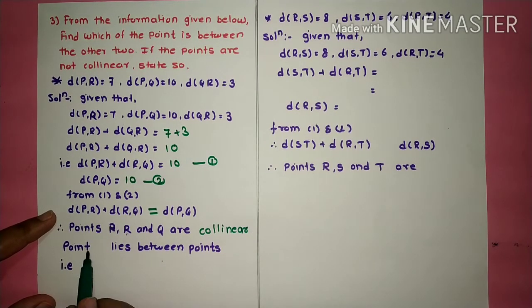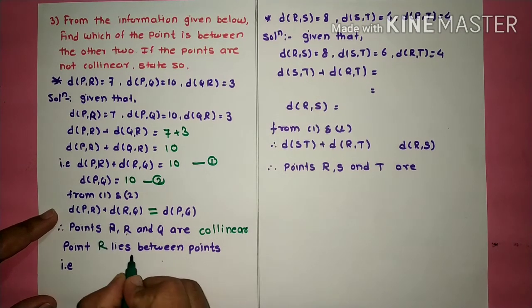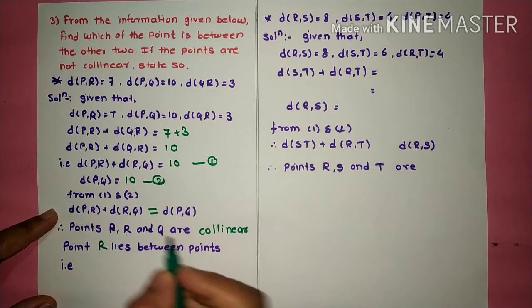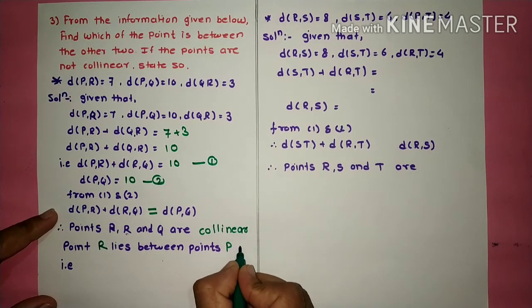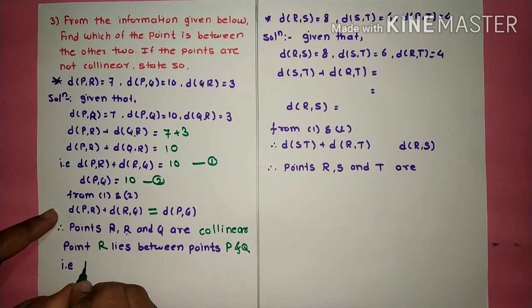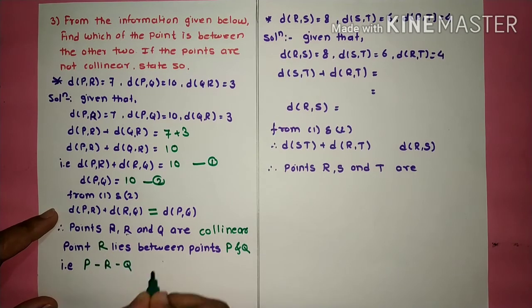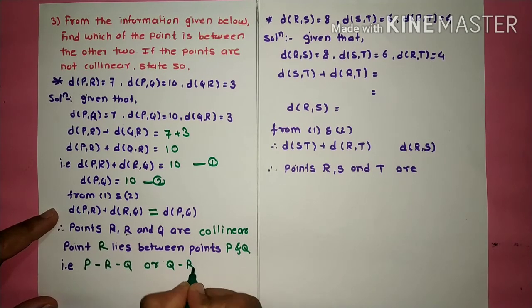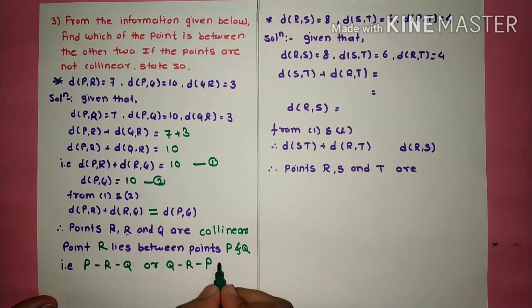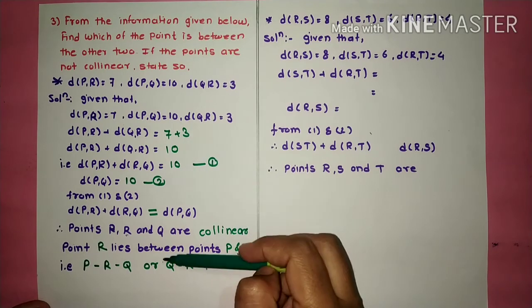Means point R lies between points P and Q. That is P, R, Q or Q, R, P. This is how we represent the answer.